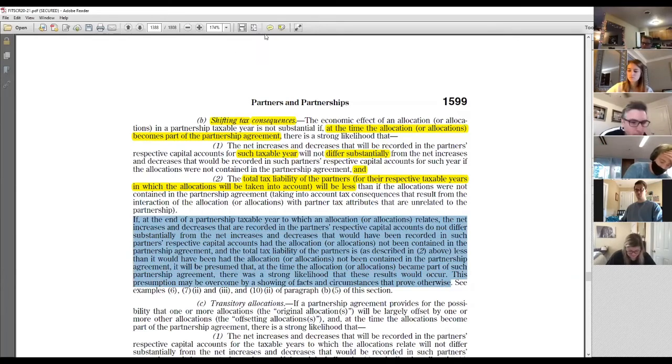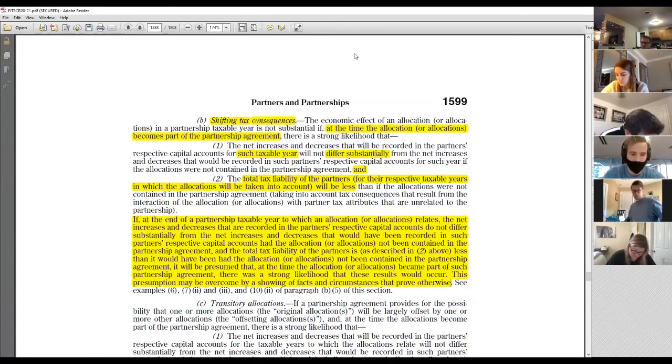This long sentence, which I'll summarize, says that if it turns out that the capital accounts did not substantially differ and the total tax liability went down, then it will be presumed that those were strongly likely to occur, though the partners can try to rebut that presumption. It's a rebuttable presumption.